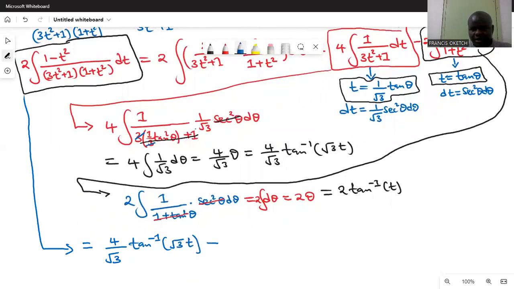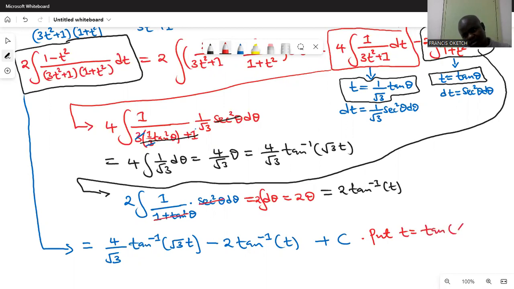The other integral gave us, because it is negative, negative 2 tan inverse of t. Then don't forget to write a constant c of integration. And because our answer is in terms of t, but the original integral was in terms of x, I need to replace t. Check where we defined t, we said t is equal to tan x over 2.